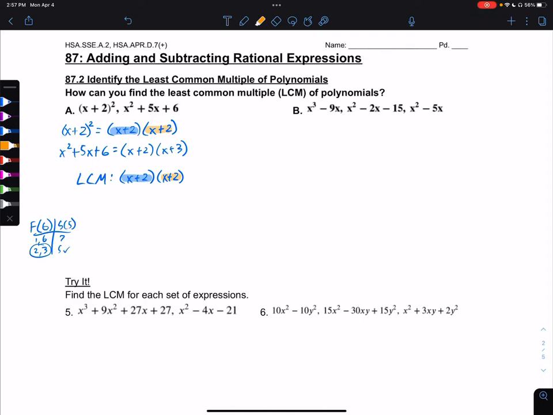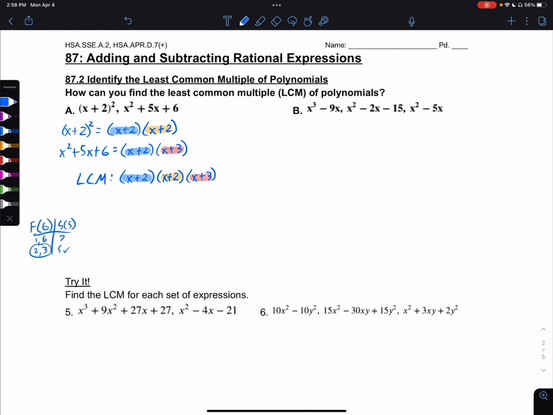Now once I have all of them listed for the first polynomial, for the second polynomial I'm going to do the same thing. However, this (x + 2) here, I've already accounted for because I have an (x + 2) listed below. Now they only share one, so that's why I did need to list that second one that's highlighted in orange. And now I can list that (x + 3).